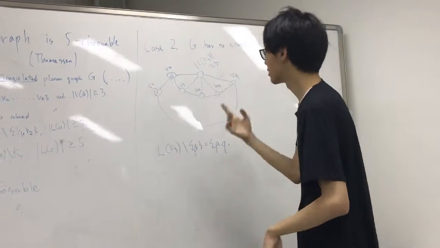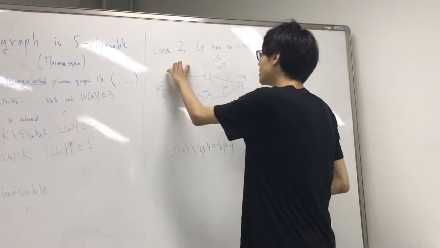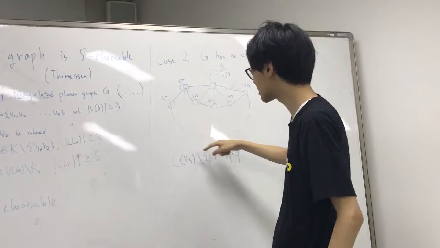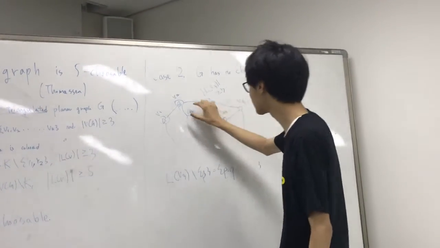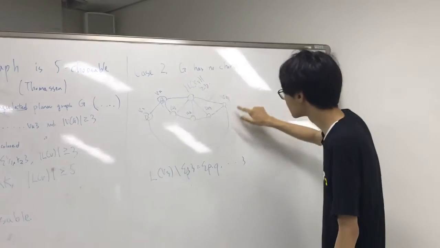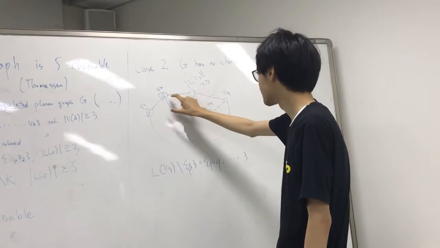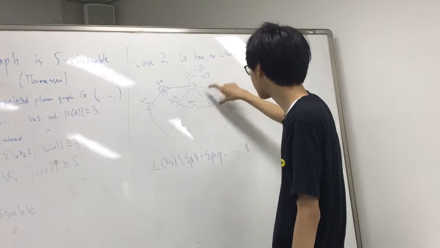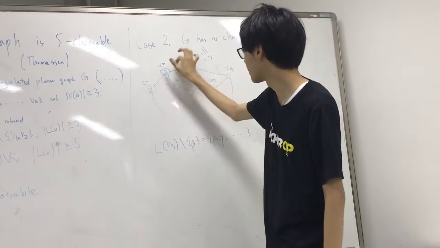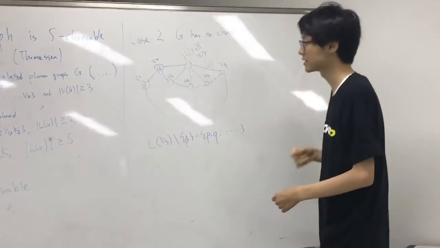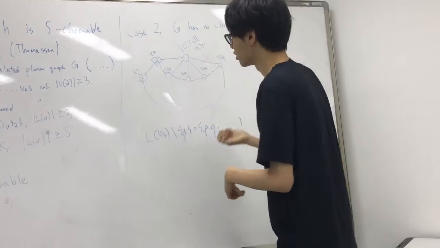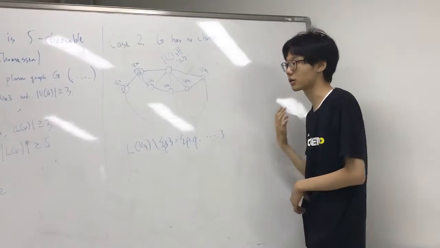So now let's see what happened. V1 and V2 have a color, and all vertices in the new outer face, by which we don't mean V3 but this outer face, have lists of size at least 3, and the original outer face vertices also have lists of size at least 3. For the inner faces, we didn't touch anything, so they obviously remain with lists of size 5.